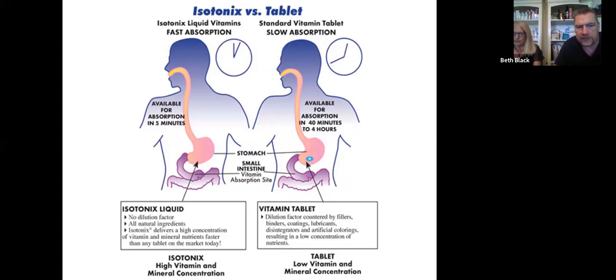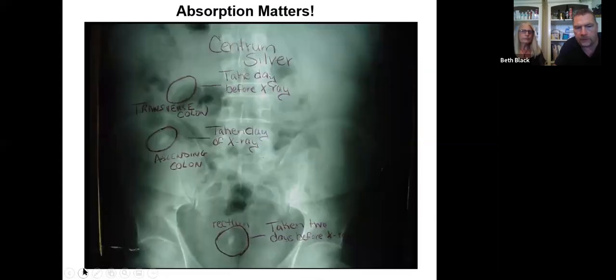But with isotonics, actually, I'm going to click ahead here because I think we have a slide coming. Well, I'll cover this first. This is actually showing 3 days worth of a popular brand of pill vitamin taken with an x-ray. And as you can see, the pill is about to come out of the body in the same shape that it went in because they're not breaking down.